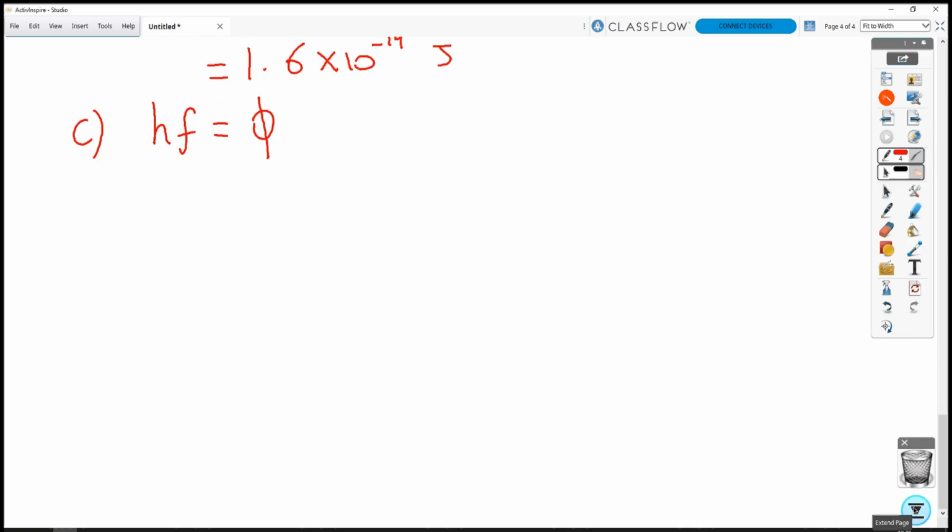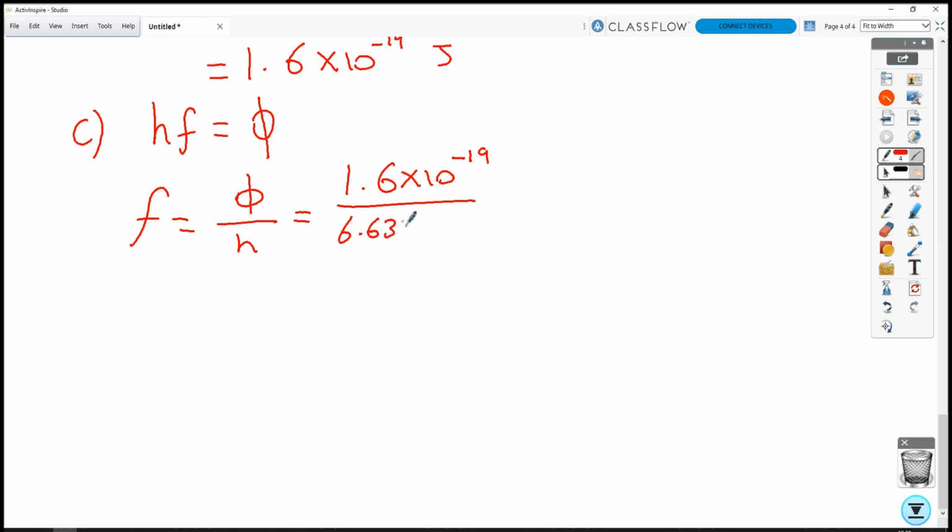We rearrange this equation to get frequency. So f is equal to phi over h. We put our values in. So 1.6 times 10 to the power of minus 19 all over 6.63 times 10 to the power of minus 34.